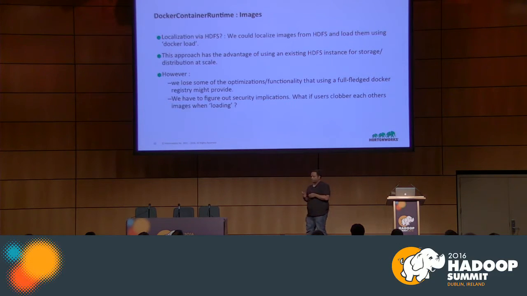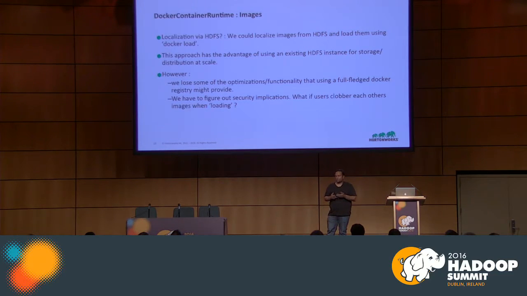Now, instead of downloading an archive of the image, we could do a Docker pull of the image in that same phase to make sure that the image is downloaded from whatever registry is available. Again, there are certain implications there because the localization mechanism needs to report status and health to the node manager every so often. And if the Docker pull takes a really long time, it may be considered to be a failure, right?